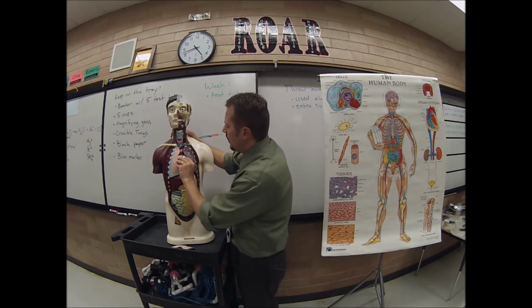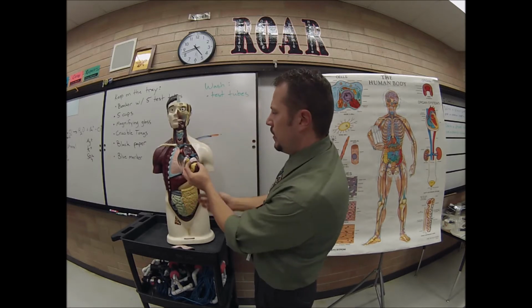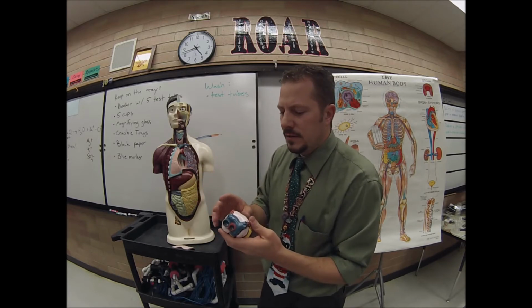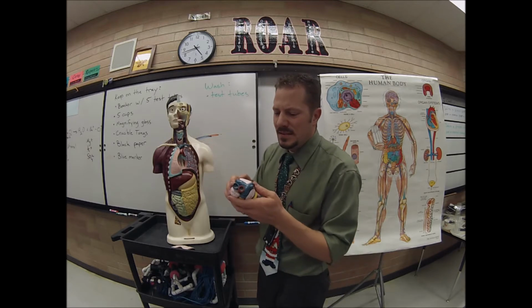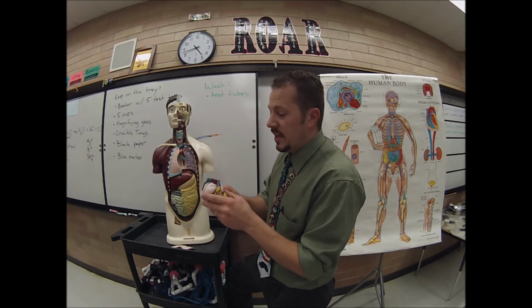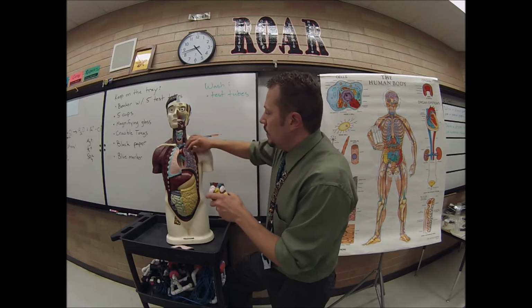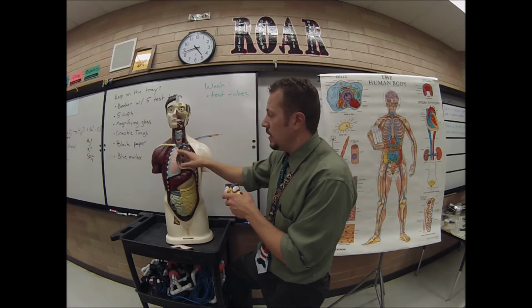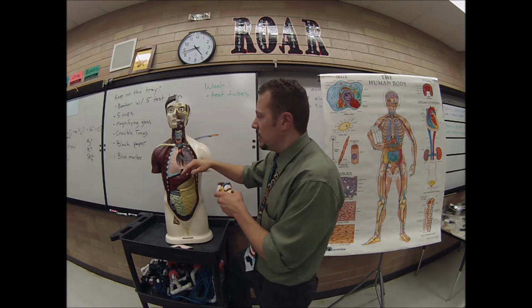So we take the heart out here. You can get a little closer look at how it was put in there. We have our major veins and arteries. Again, I'm not going to spend detail on the names here, but you can see how they come in and leave. Parts of these are going to go straight to the lungs for that circulation and transfer of oxygen and carbon dioxide.